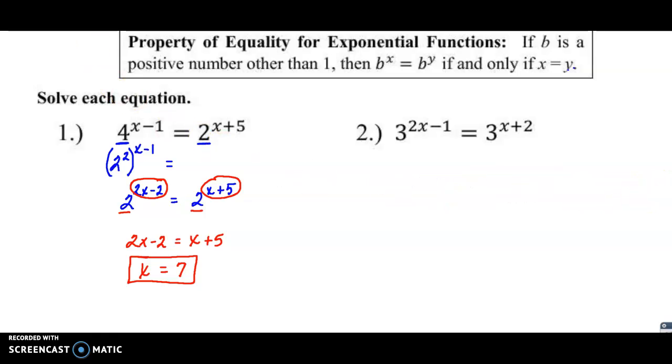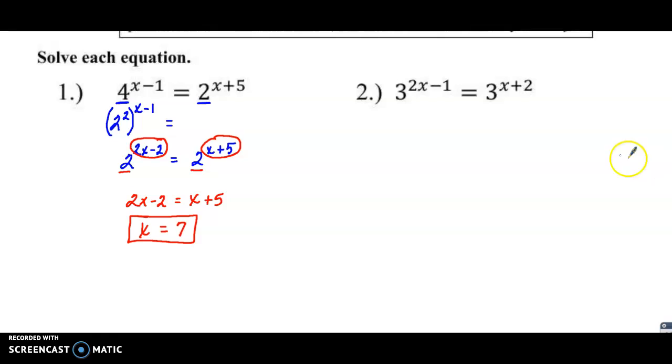Now I have a few more examples just to go through things with you. These will go much faster than the examples we had from our last lesson. Notice on number 2 that I already have bases that are the same, so a lot of our work is already done. If bases are the same, exponents must also be the same. So we know that 2x minus 1 is equal to x plus 2.